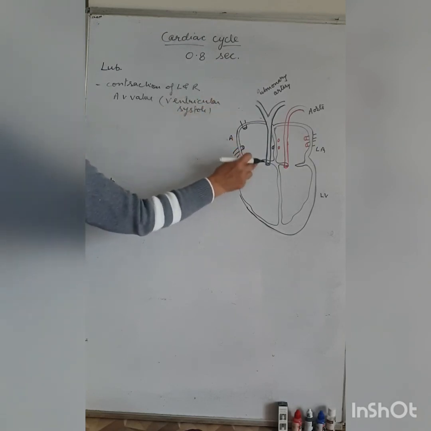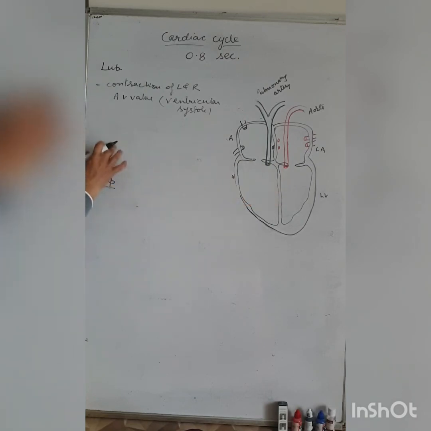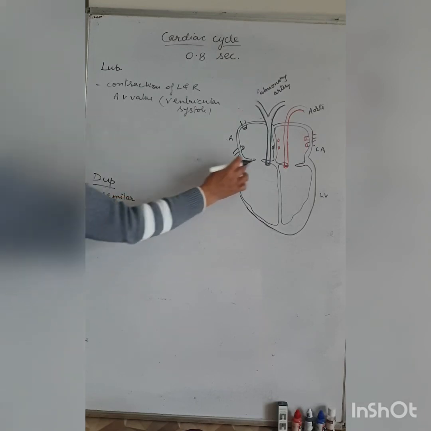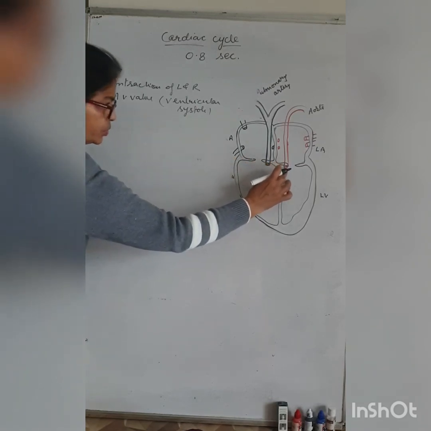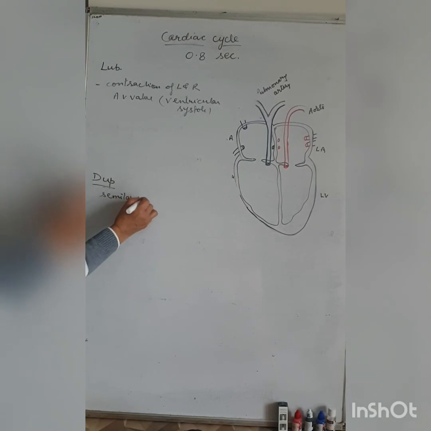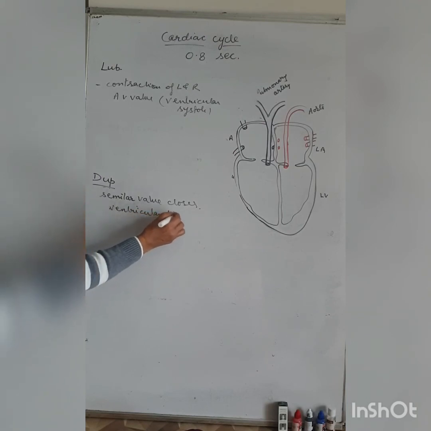The atrioventricular valves are closed. And the dup sound is produced when both semilunar valves, the pulmonary semilunar and aortic semilunar valves, close at the time of ventricular diastole.